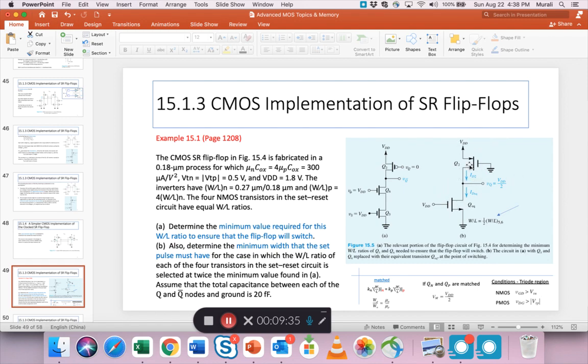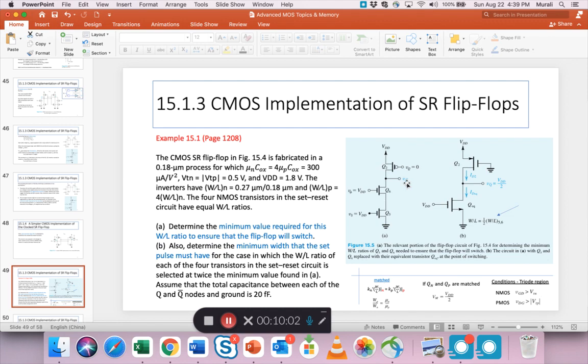So here he analyzes the conditions as this starts to conduct, Q5, Q6 conduct, and VQ bar, which is the voltage here, starts to go low, right? It's going from VDD, which was originally the value, because it was in reset condition.